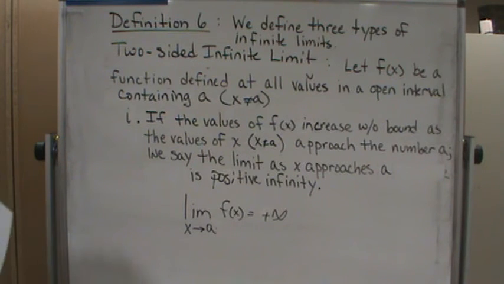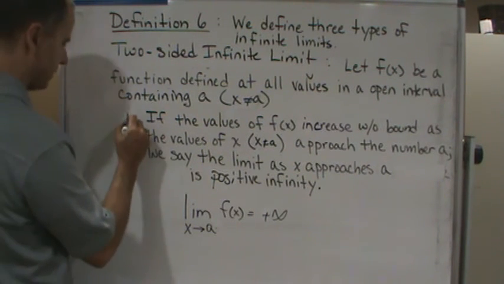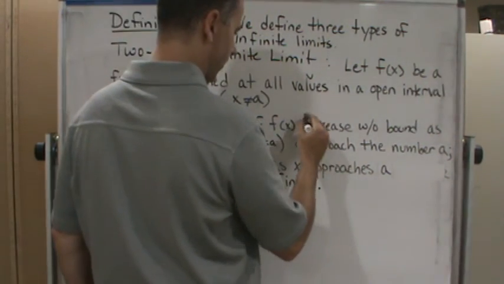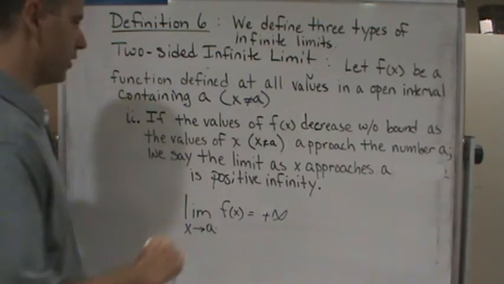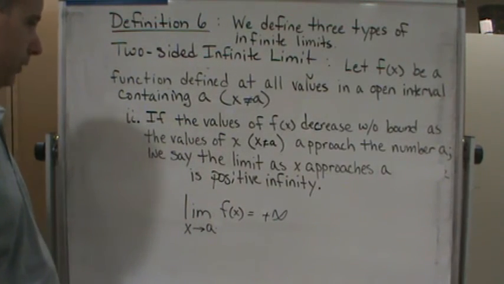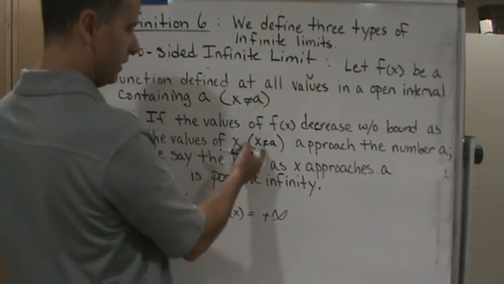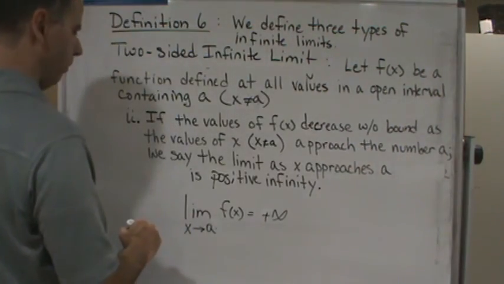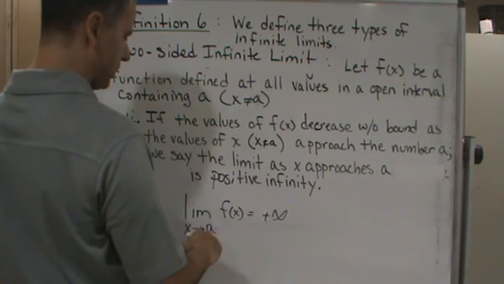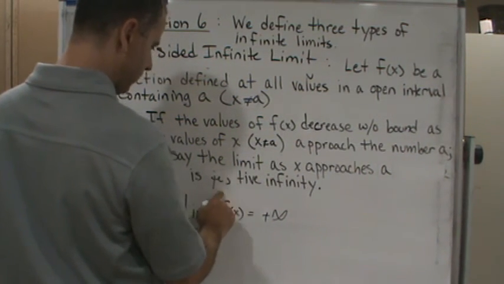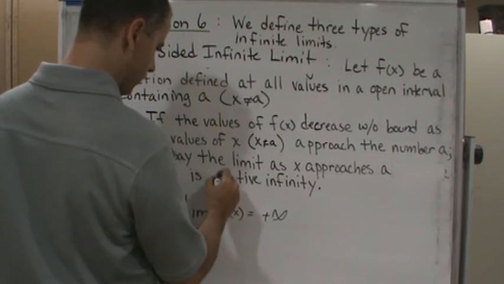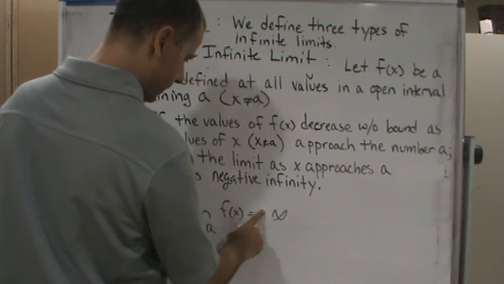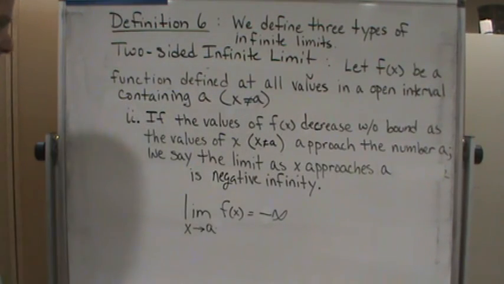Okay? And then likewise, for the second case, we would look at if it decreases. So if the values of f(x) decrease without bound, as the values of x, x not equal to a, approach the number a, we say the limit as x approaches a is negative infinity, and we would write it symbolically like that.